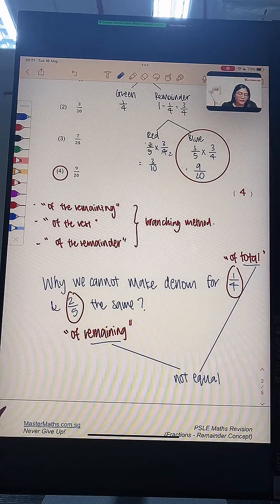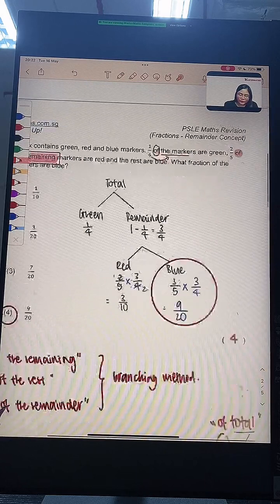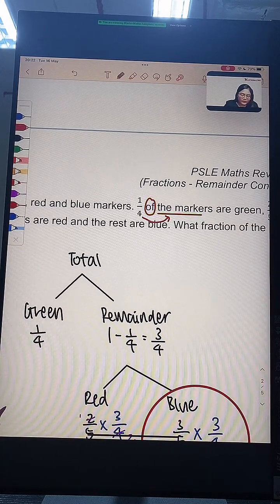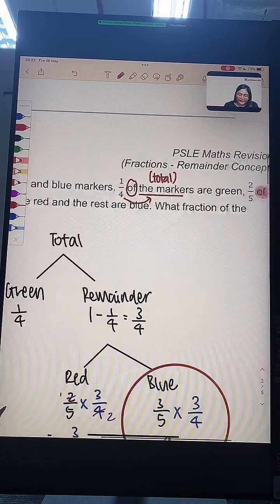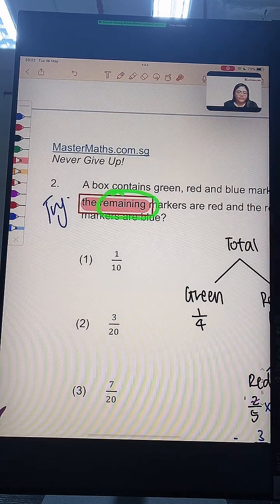Those of you who don't understand, one more time. The question says 1/4 of the markers, which means we are looking at of the total. The markers just means all of the markers, which means the total. And 2/5 is of the remaining. This remaining is after you take out the green markers.